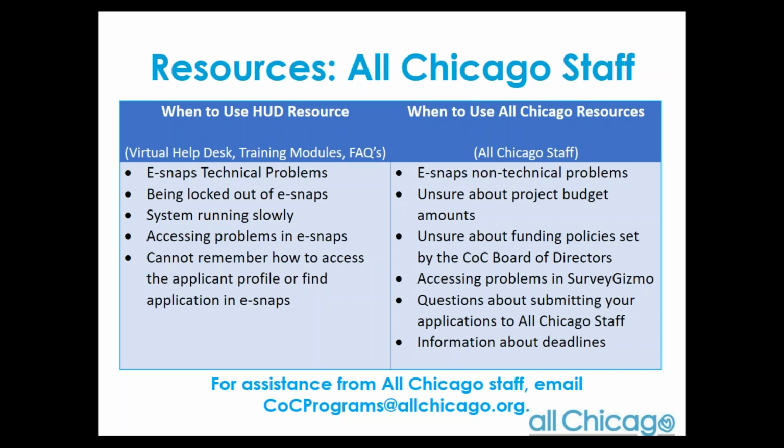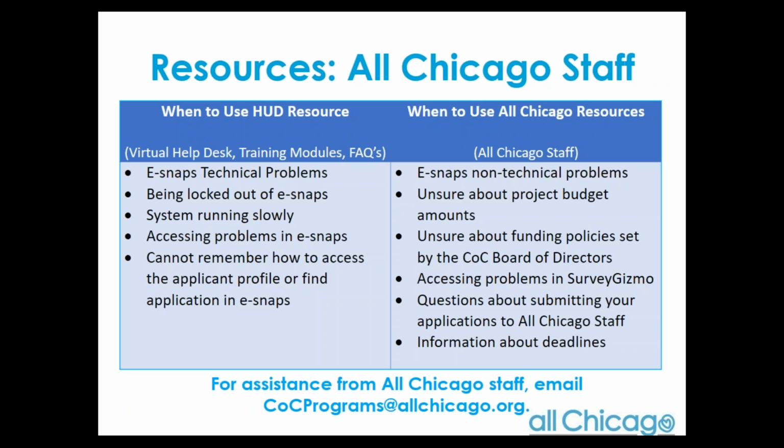So if you're having some non-technical problems with eSnaps, please feel free to reach out to us. If you're unsure about your project budget amounts or any type of policies or priorities that have been set by our local CoC board of directors, or any issues accessing Survey Gizmo, or just general questions, please feel free to reach out to us.